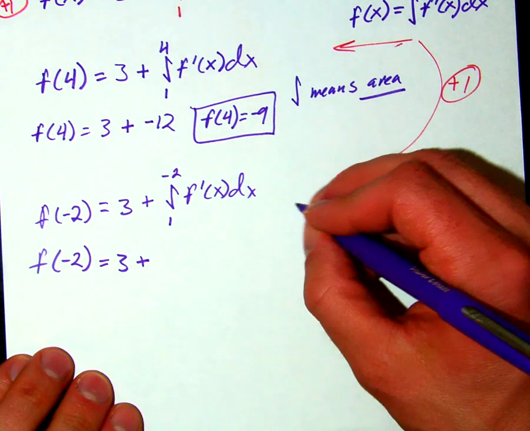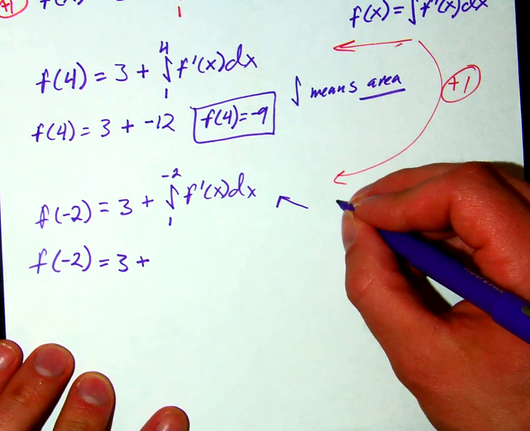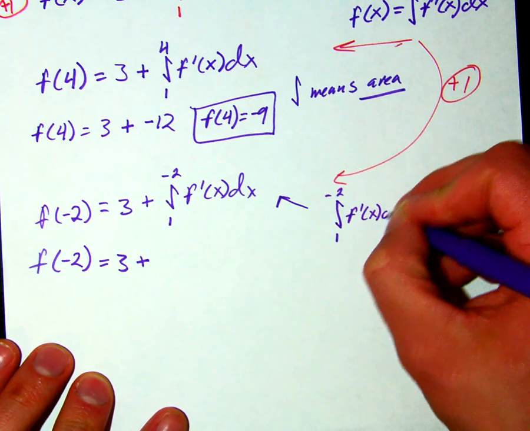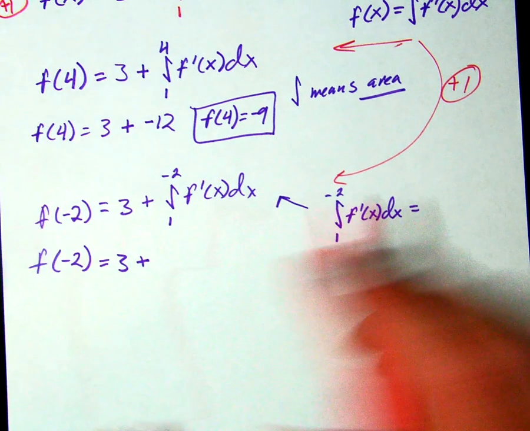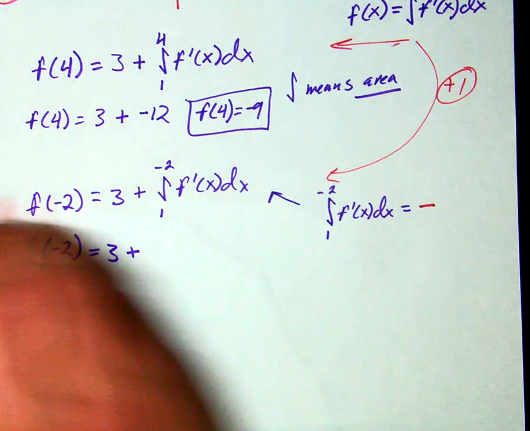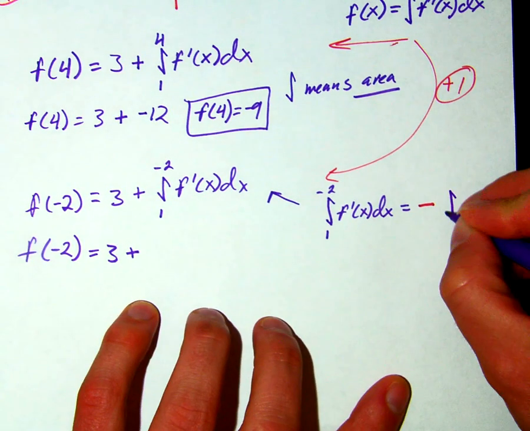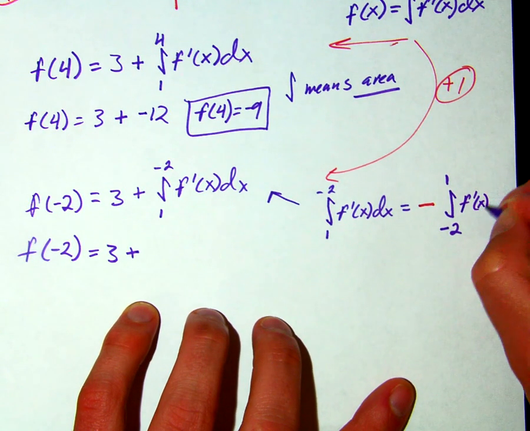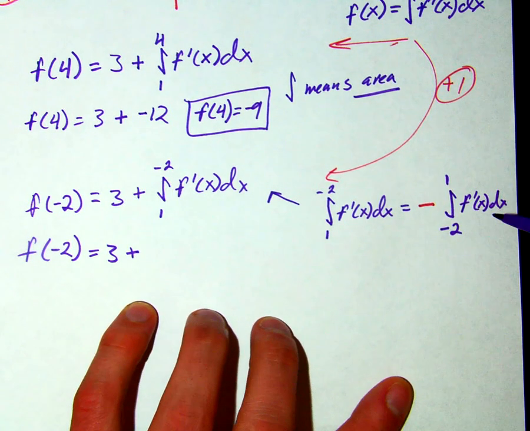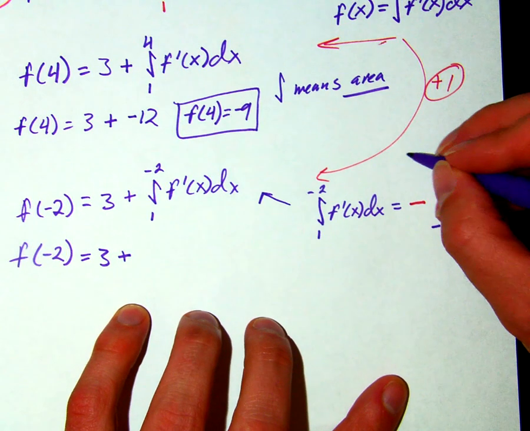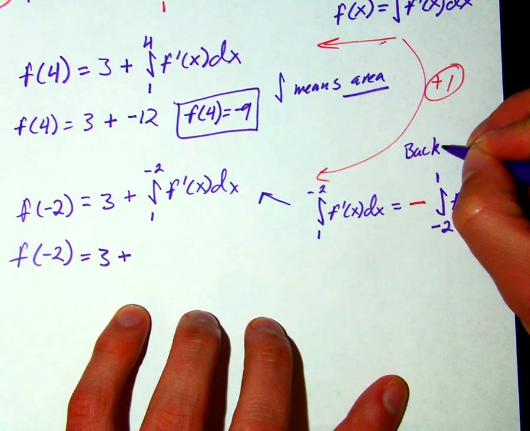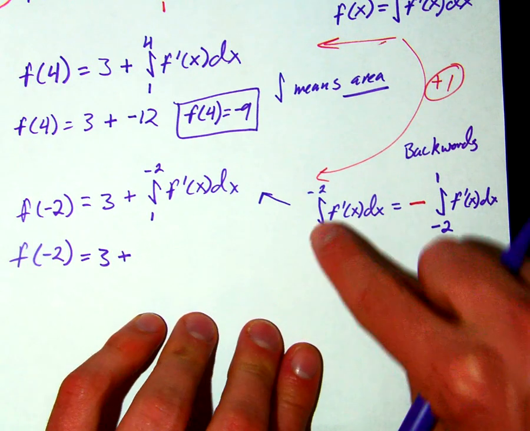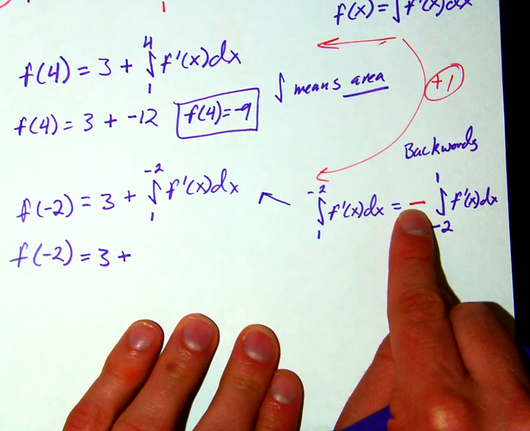But the integral from 1 to -2 of f prime of x dx is going to be the negative value of the integral from -2 to 1 of f prime of x dx. And you guys might remember, oh, that's what happens when we try to do a backwards integral. You always read these left to right, and since this one is upside down, in order to flip it, we make it negative.